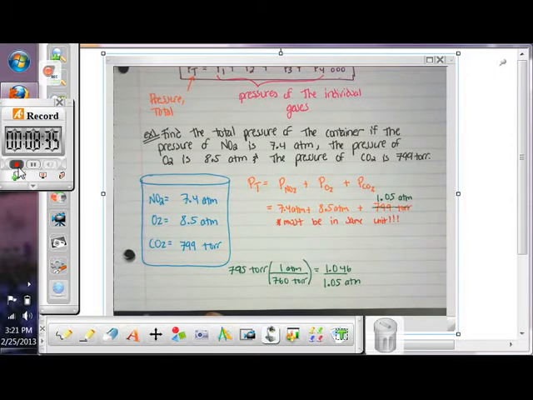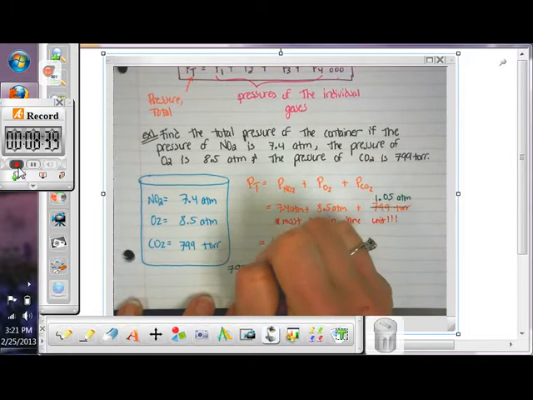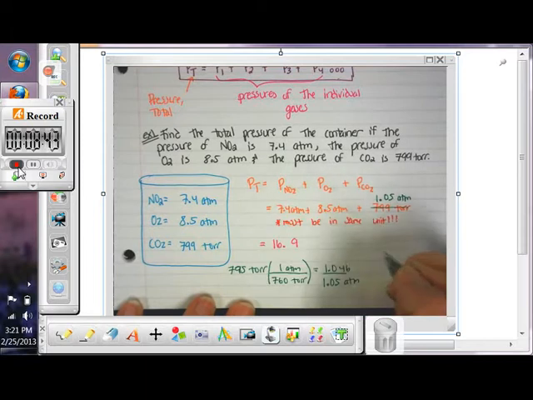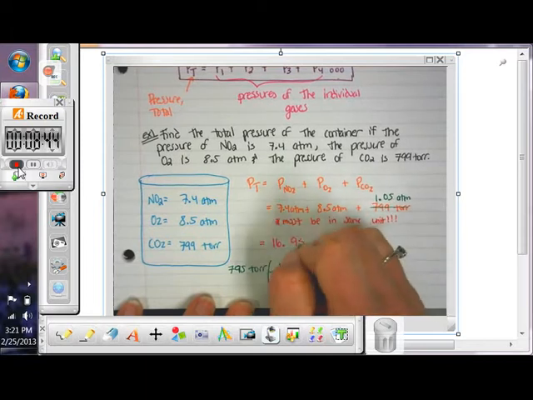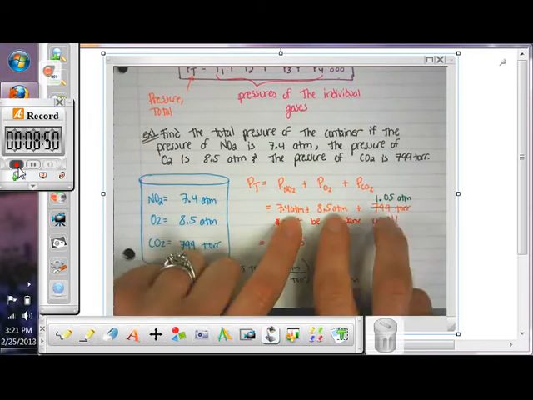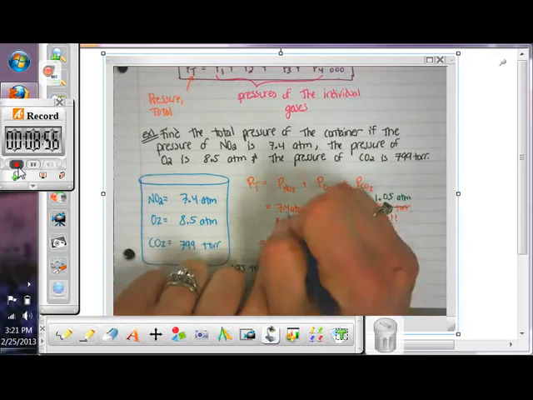And I add those all up, and my calculator spits out 16.95. Now I need to do sig figs. This is addition and subtraction. The rules for addition and subtraction are decimal places. So you look at the decimal places.